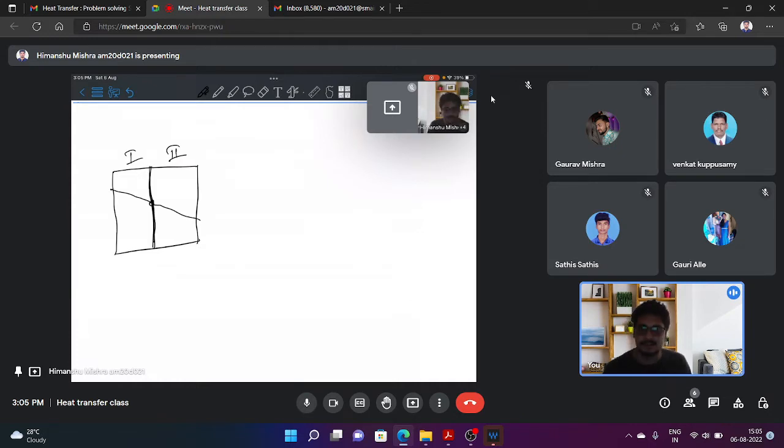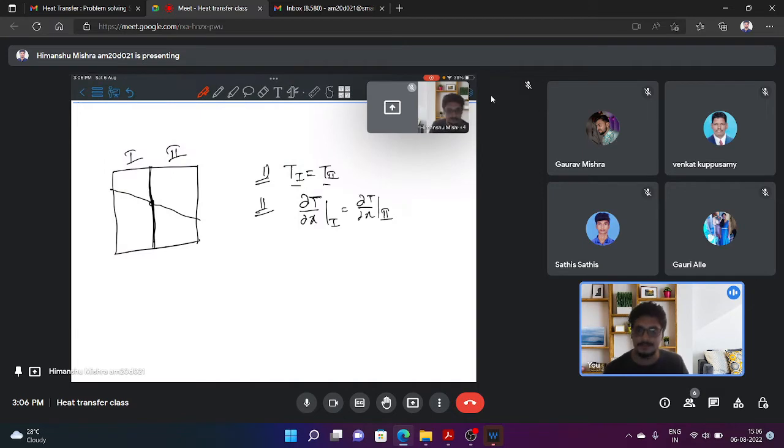So there is a little correction. If the interface is very smooth, we will have the boundary condition as I discussed before, that the temperature should be equal at the interface and the slope should be equal as well. But if there is a contact resistance, suppose the interface is not smooth, in that case the temperature on both sides will not be the same, and there will be a difference in temperature.